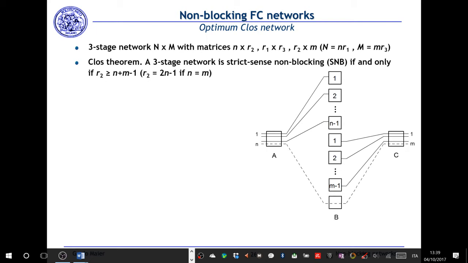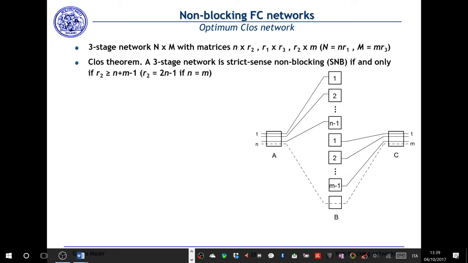Be careful, because in this picture you see the matrices, okay? But the real bottlenecks are not the matrices, they are the links between the first and the second stage, and the links between the second and the third stage. Obviously, this matrix does not only host this active connection, because the matrix has several inlets and outlets.